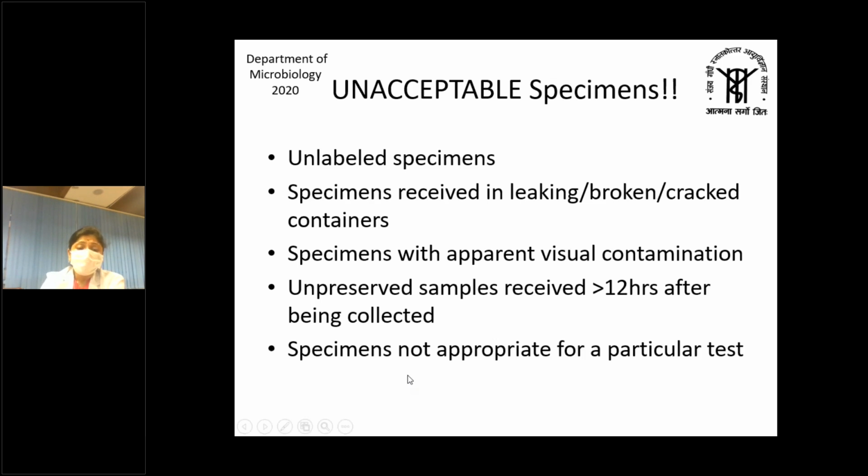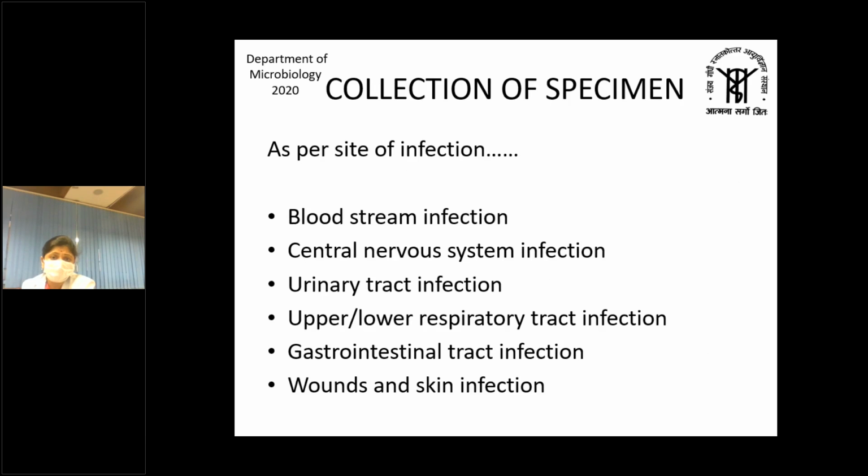For example, avoid sending a throat swab for automated bacterial culture. Automated blood culture or bacterial culture is appropriate for blood and for sterile body fluids other than urine and CSF. So throat swabs and urine samples are not suitable for automated culture testing.